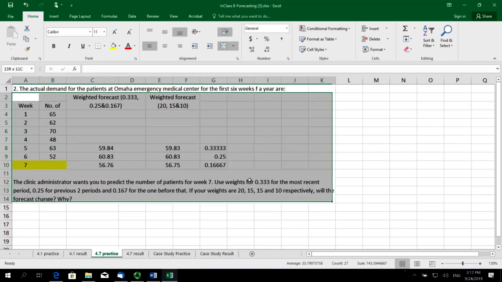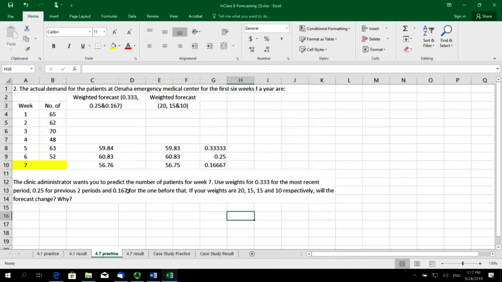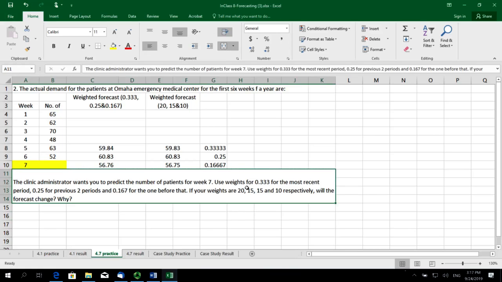So this example shows you can use decimals as your weight, or you can use integers as your weight. And if all the weights are proportional, it doesn't matter which one you use.